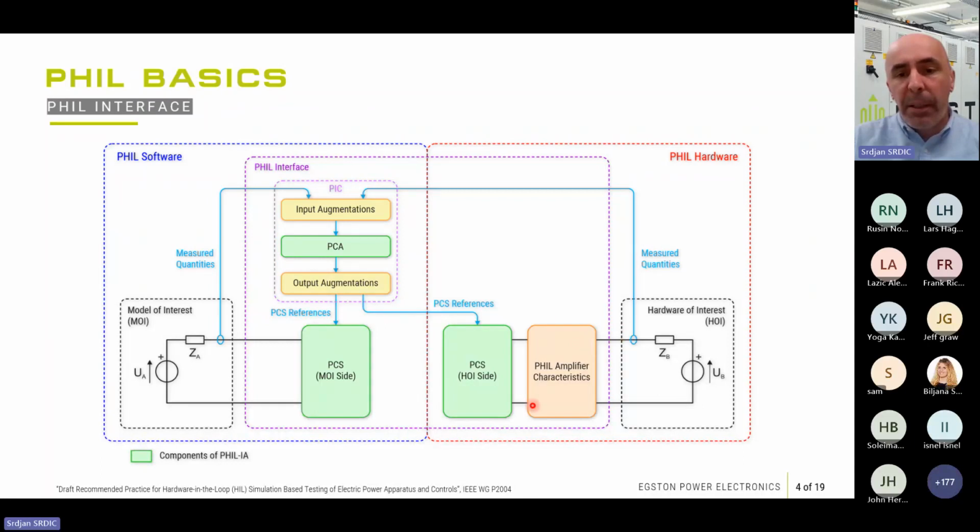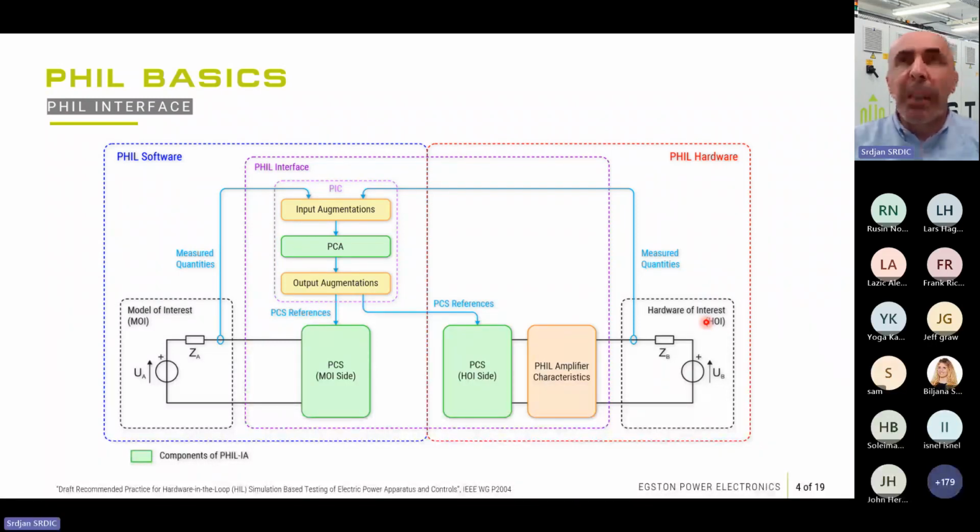An important part for us here is the power amplifier, which has certain characteristics, and due to its limitations, it can affect the simulation, because the power amplifier typically has limited bandwidth and limited accuracy. So that's one of the things that need to be taken into account when power HIL systems are developed, meaning the model of interest first needs to take into account all instabilities of the system. If the system has certain instabilities, those should be preserved by the model of interest.